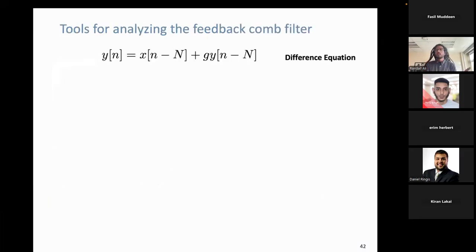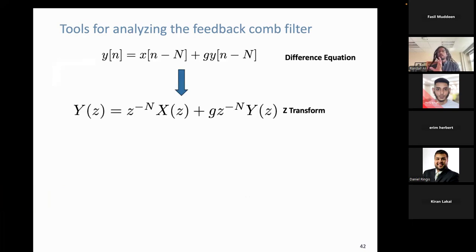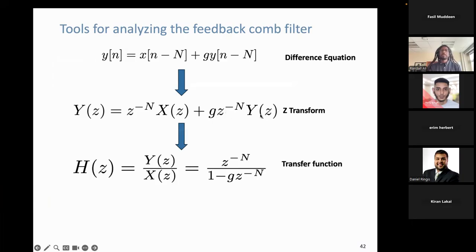And again, we make use of the same tools that we have. We have our difference equation. We can convert that to the Z transform. So these delays become z to the minus N times X of z, g times z to the minus N times Y of z. And if we rearrange for the transfer function, now we actually see two components.